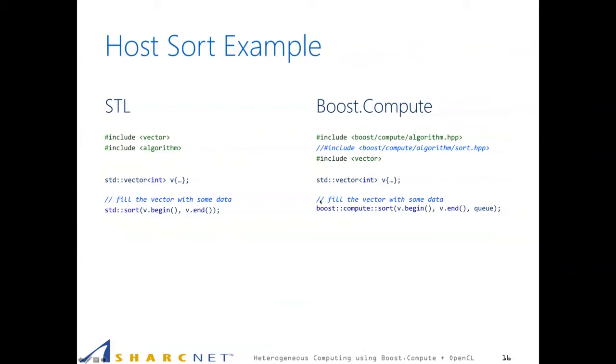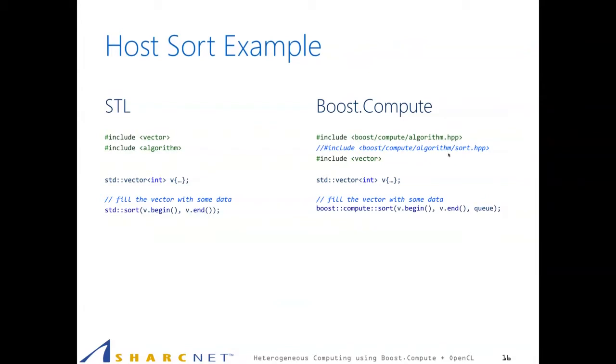If you want to do the same thing using Boost.Compute, the only thing that you need to change is to include the header for the algorithms. If you include this header, it includes all the algorithms, so the compile time may increase.